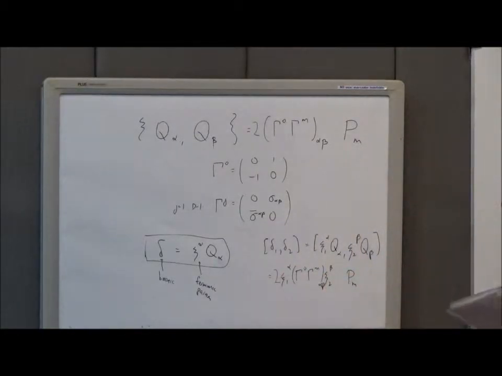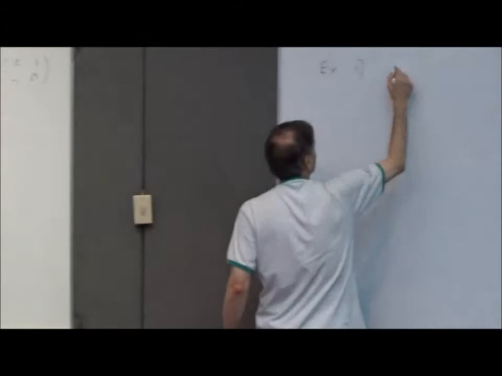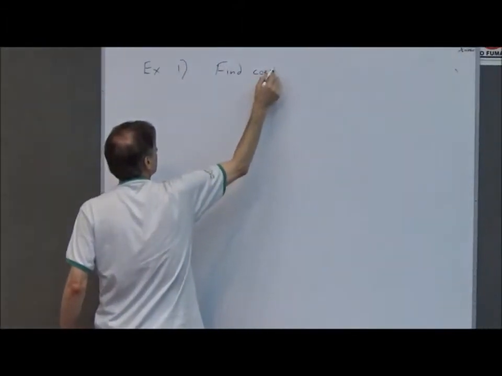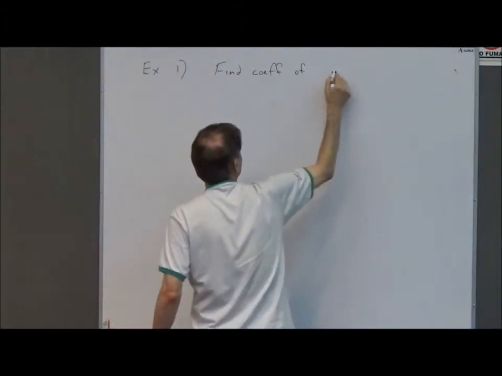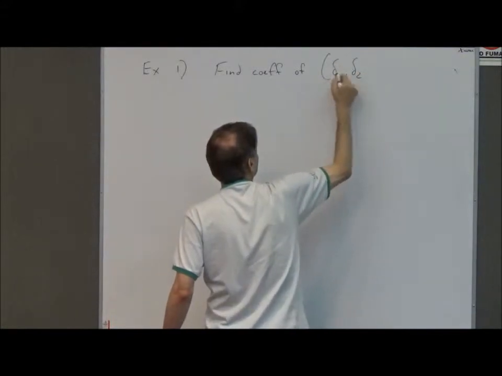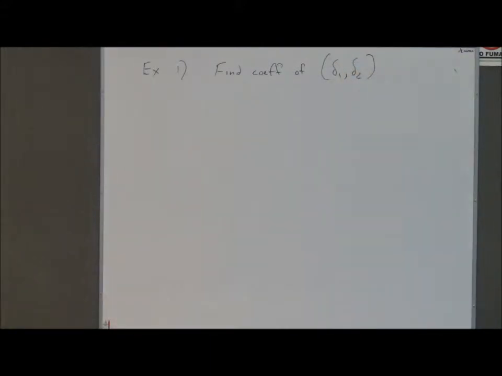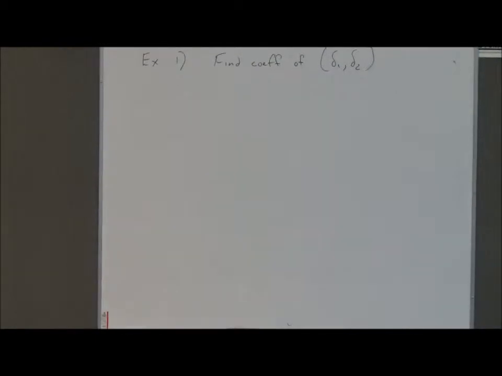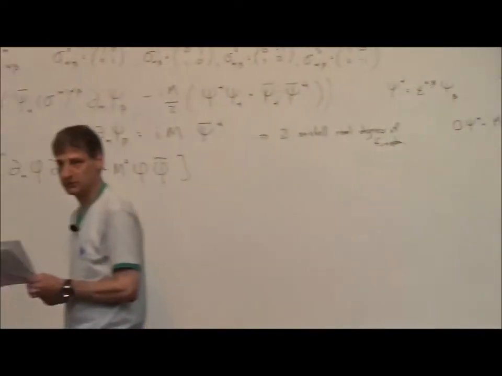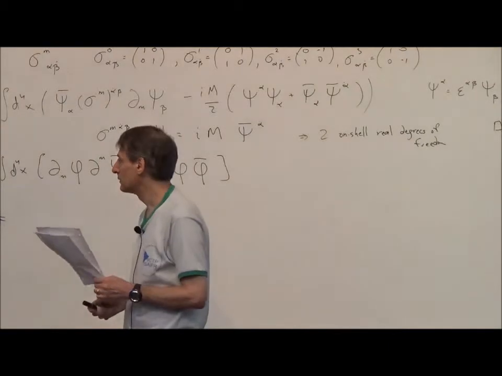In any case, this is something you can check. So exercise 1 is finding the coefficient. Of course, this object here is now a bosonic parameter, which is the bosonic parameter of the translation. Well, this is another way to describe the supersymmetry algebra, which is convenient. Okay, any questions?